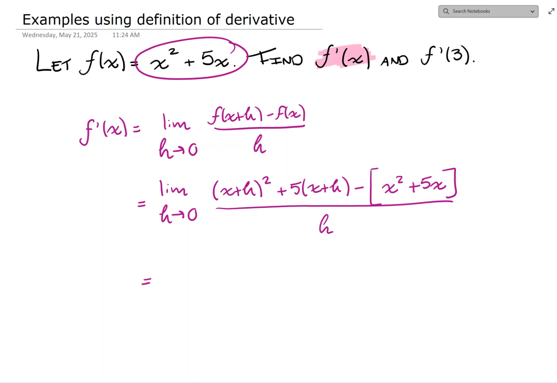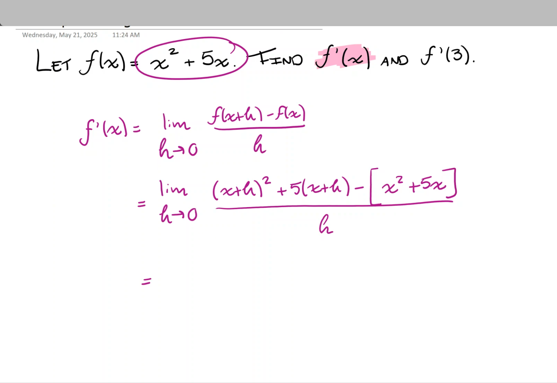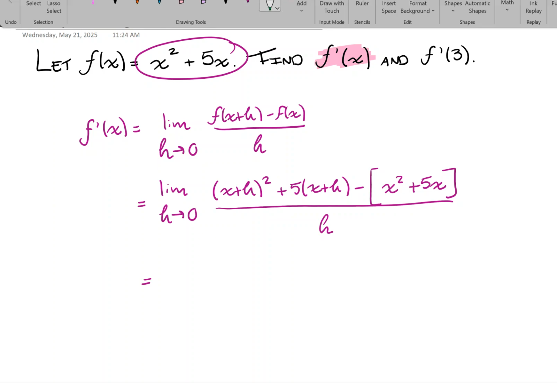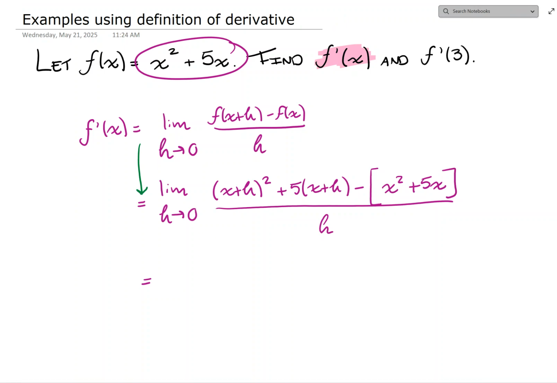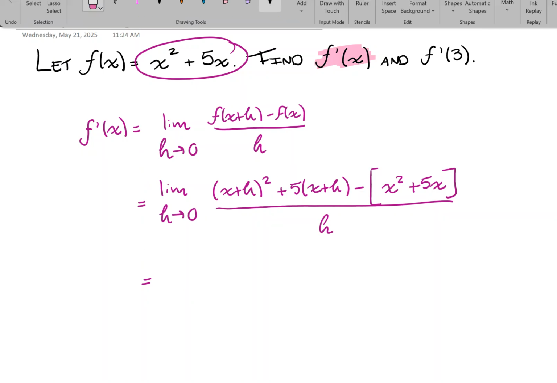So from here to here, we have just substituted what we know about the function rule. Now we're going to do some algebra, just to simplify the expression that we're looking at.